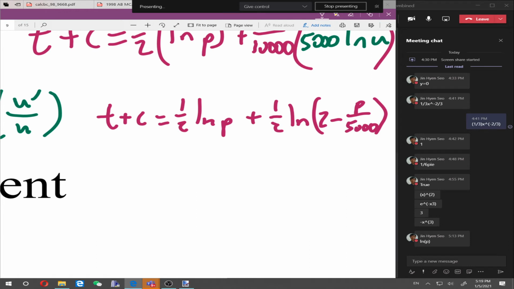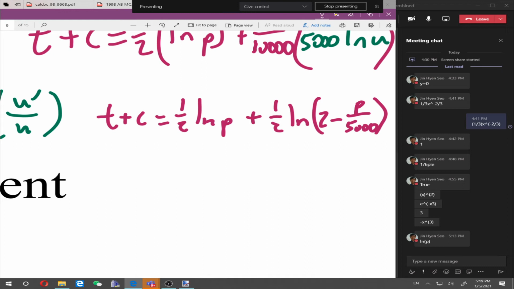Is there anything that I can multiply both sides by in order to start getting the right into a single natural log instead of two? ln p to the 1/2 power times. Okay, so you're going to use power property and move these up is what you're doing, I think, right? Yes.